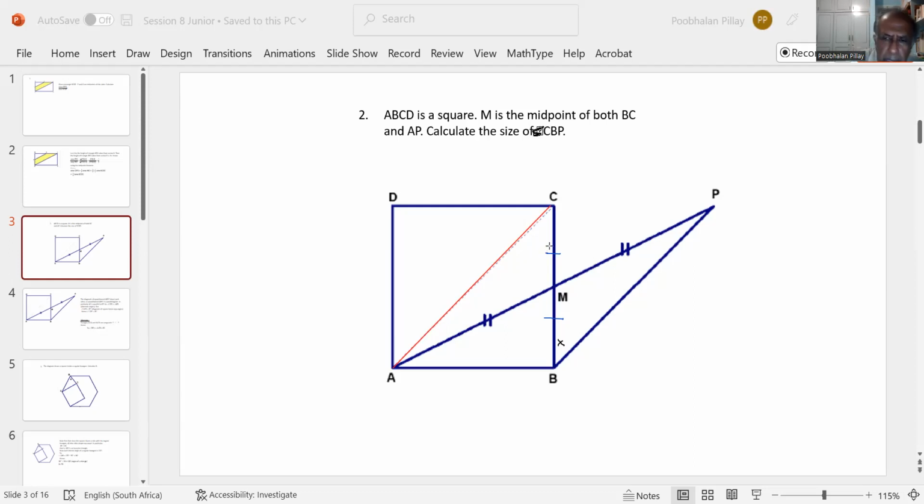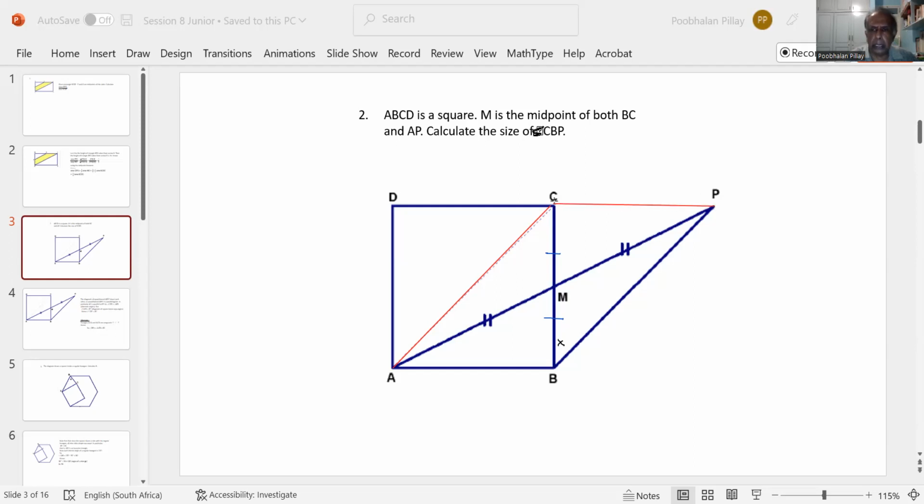So what can we see here now? If you look carefully, you will see that CB and AP bisect each other. So what does this mean? It means, as I told you, that when you've got a quadrilateral, let's complete the quadrilateral.